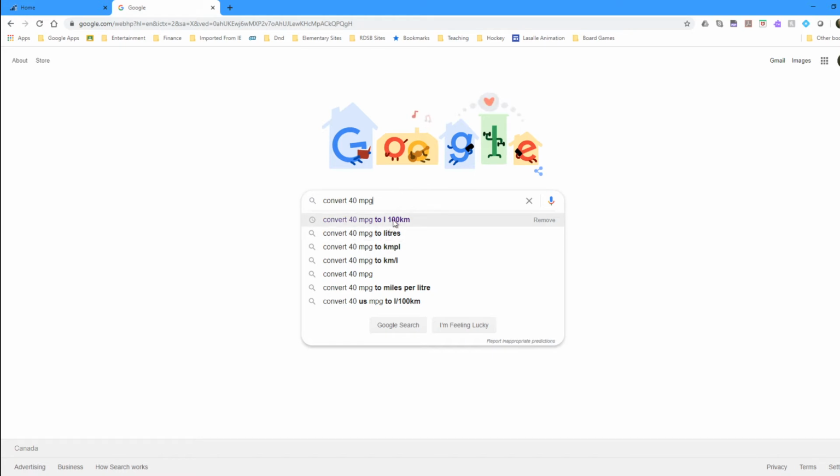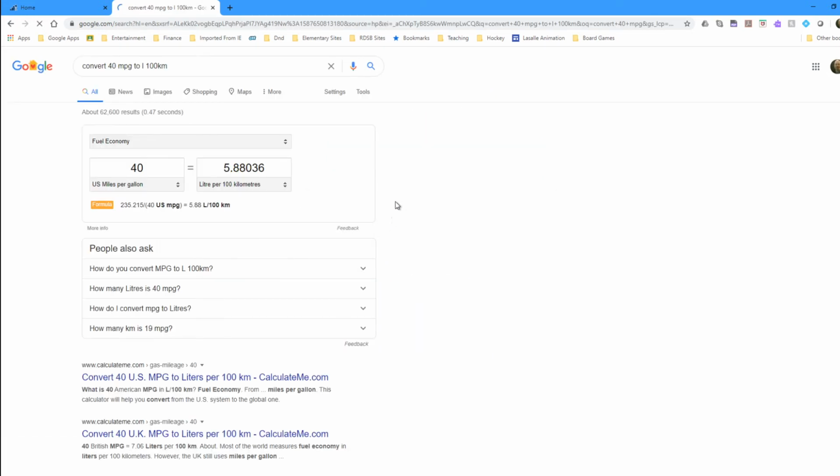You could choose either of these two. I would just choose the top one, and immediately at the top of the screen it shows your value in liters per 100 kilometers for 40 miles per gallon. So you can very quickly do the conversion if you have to.